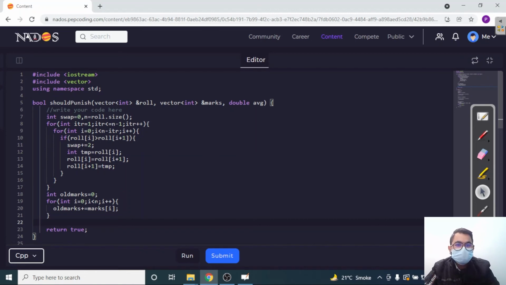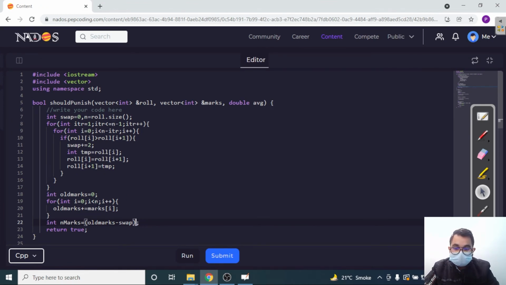Now we need to calculate the sum of new marks. So for that, new marks equals, what was the formula? Old marks minus divided by, what? Number of students.